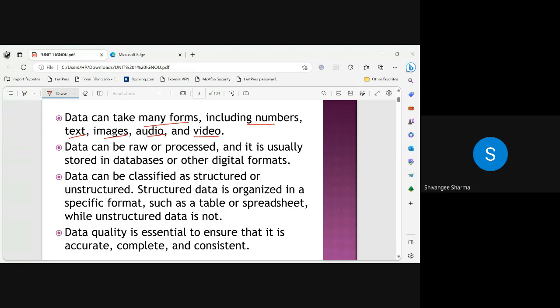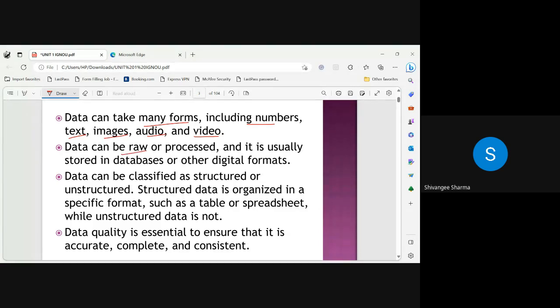So, I think many of you have filled some questionnaires or surveys in which they analyze how satisfied you are with our product, or how many times you want to purchase this product again and again. So they are only analyzing customer satisfaction, and there are no numbers in that data, right? It is the quality of a researcher to convert any data into the form of numbers and then analyze it. But data can be in the form of numbers, text, images, audios, and videos also.